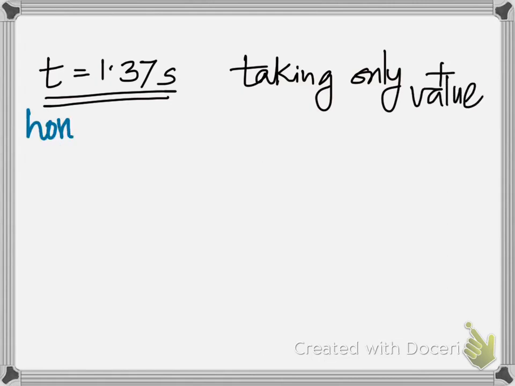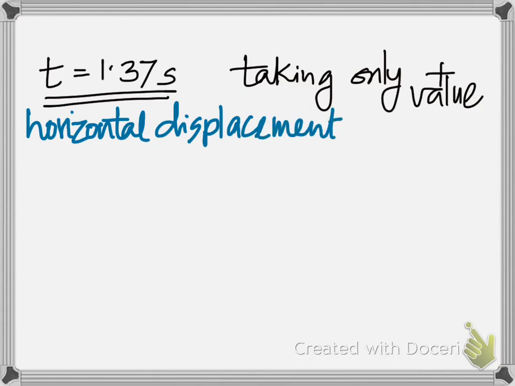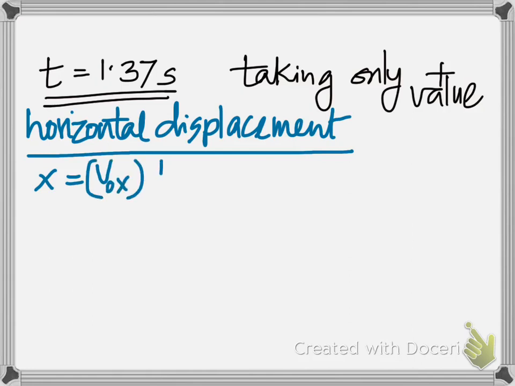Now, since we know the time for the mouse to fall down, we can calculate the horizontal displacement, which is the displacement along the x-axis, by using the formula velocity multiplied by time, because remember that's the only formula you can use because velocity is constant along the x-axis. So now you get x is equal to VOX multiplied by time.